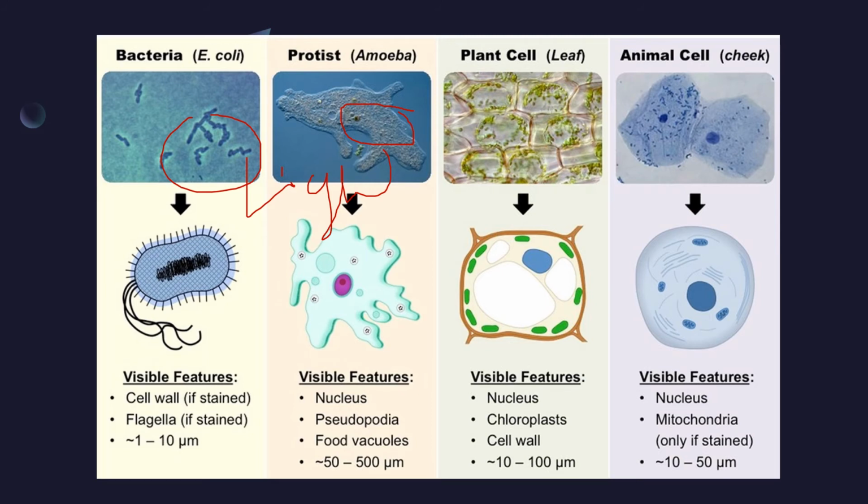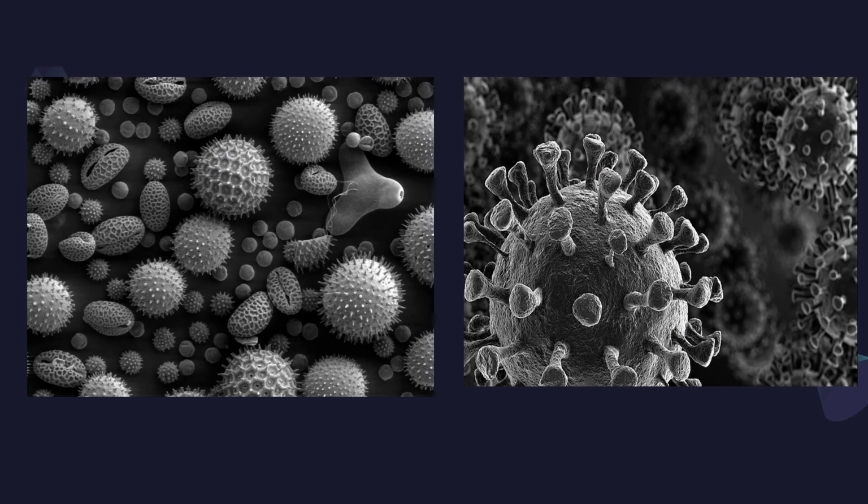You can make out that it has really no shape. You can make out that animal cell doesn't have cell walls, so they are irregularly shaped, but plant cells have cell walls, so they're regularly shaped, right? But can you make out different specific features of images? No, right?